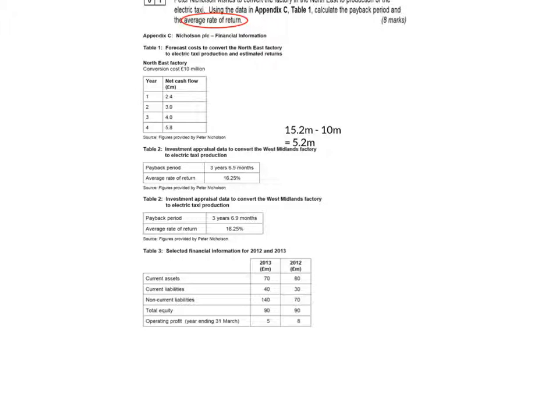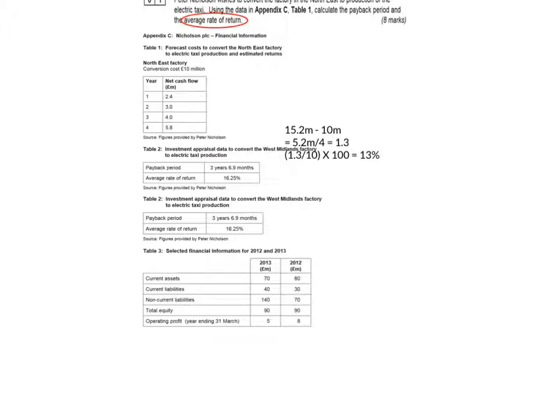However, we need to work out the average rate of return. So what you do is you get your 5.2 million and you find out how many years. So we can see that it's years 1, 2, 3, 4. So we've got 4 years. So you 5.2 million divided by 4 and you get 1.3. Once you've got that, your 1.3, you divide it by the initial investment again, which is 10 million.